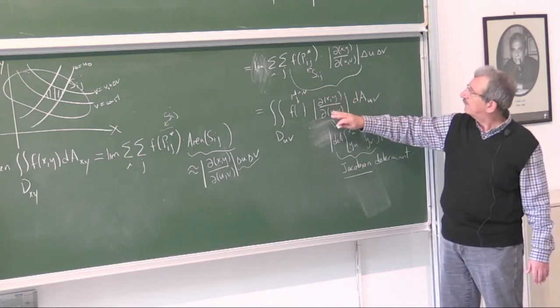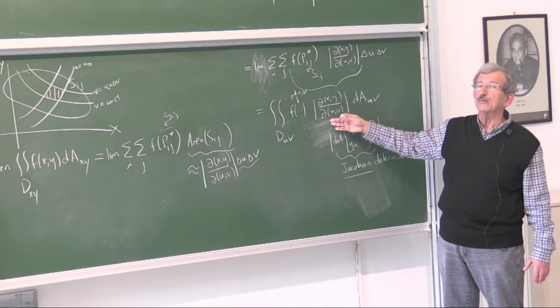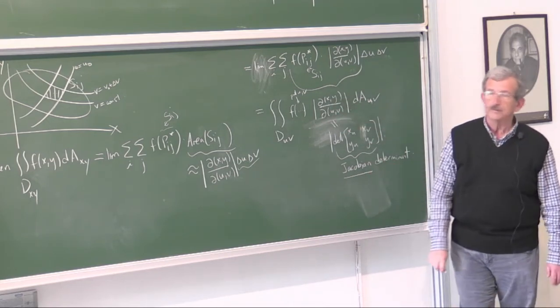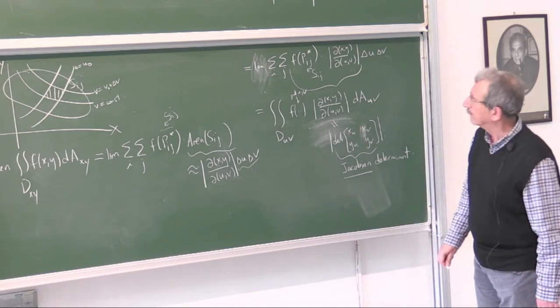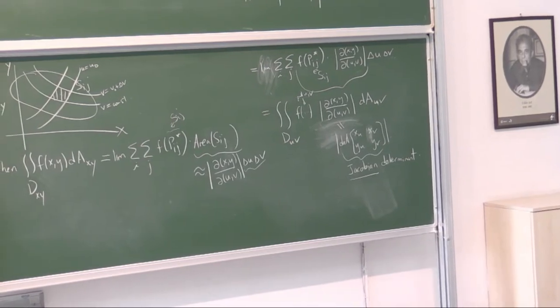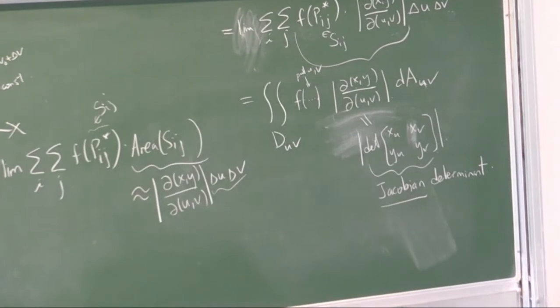It's a derivative of x with respect to u. So it's dx/du in one variable. Here it's the Jacobian determinant. So this is what change of variable in two variables is about.